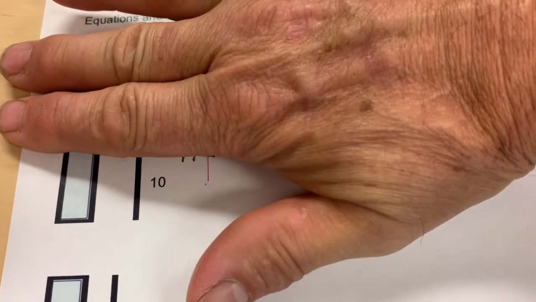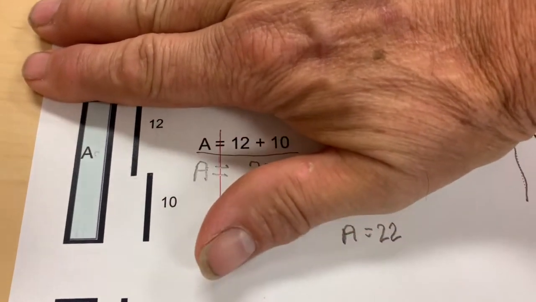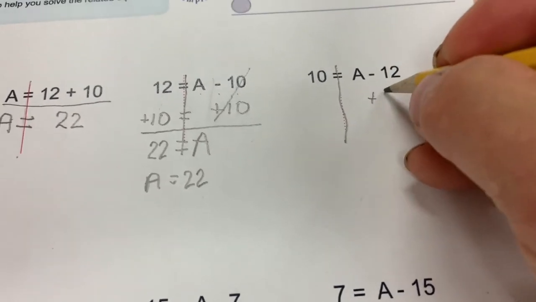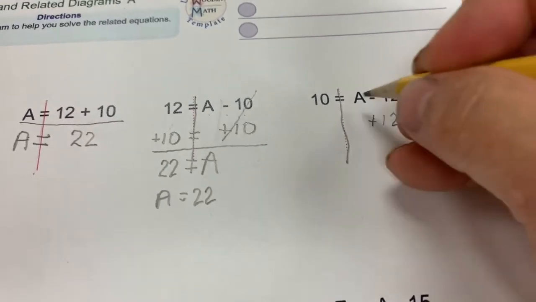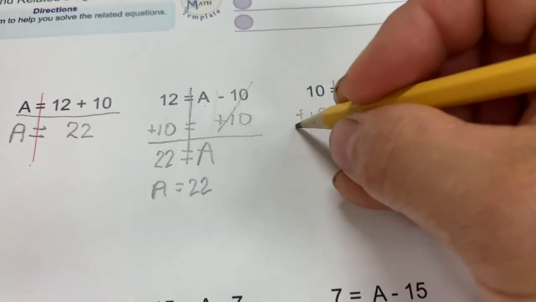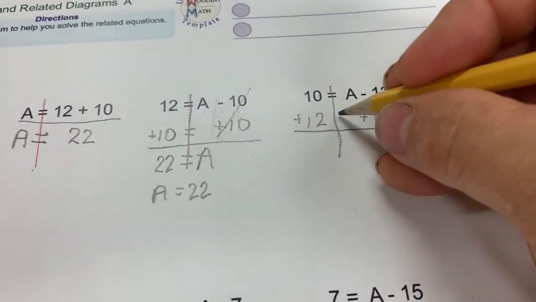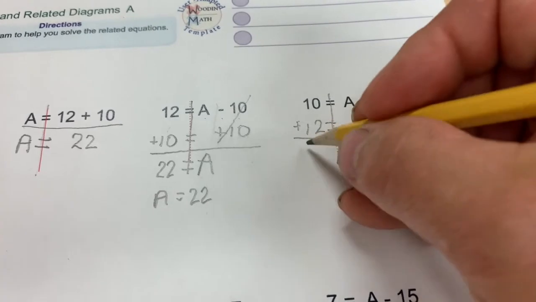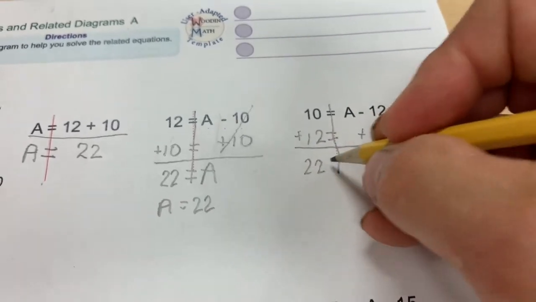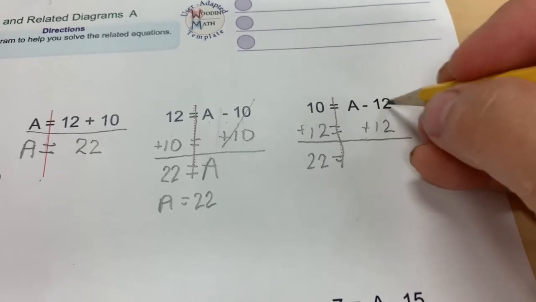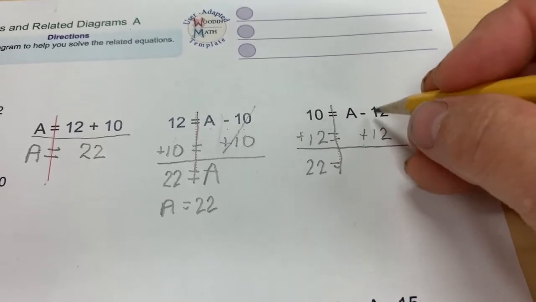To figure out the value of A, you've got to add the 12 back. So let's do that. Let's add 12 here to reestablish the whole value of A. We have to do that to both sides to keep it in balance. 10 plus 12 is 22 equals, and what's left here after we have 12 negative and 12 positive?